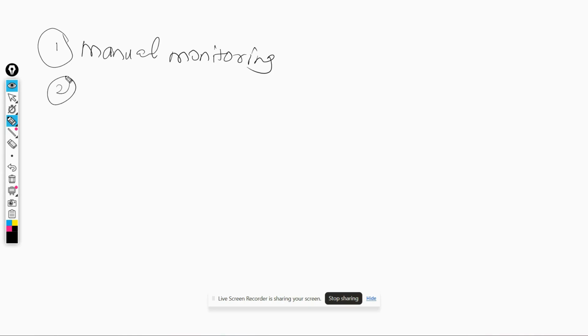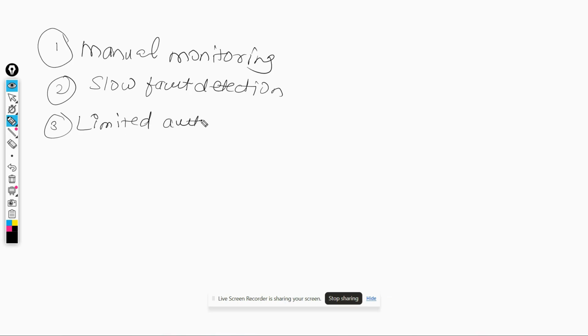Then second, slow fault detection. Then third, limited automation.